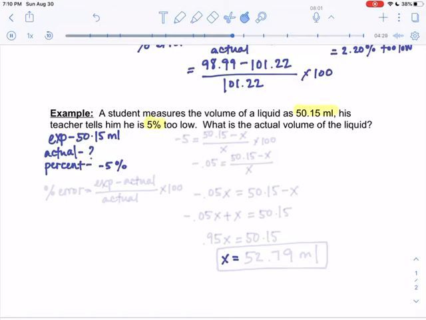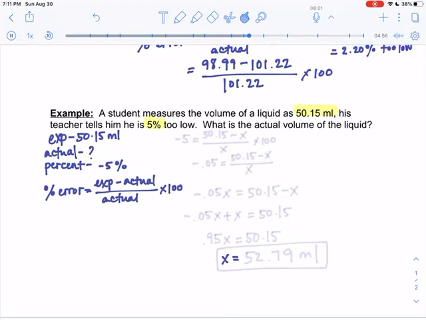So again, we're going to plug in our formula. Percent error is equal to the experimental minus the actual, over the actual, times 100. Now we need to plug in our values where they belong in the equation and then solve for what we're looking for.